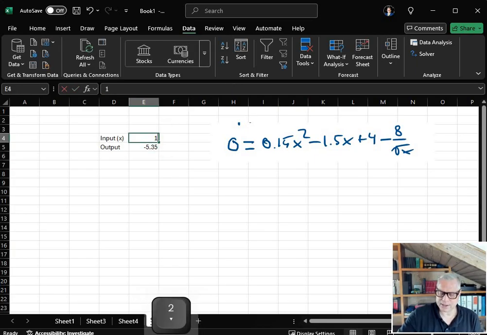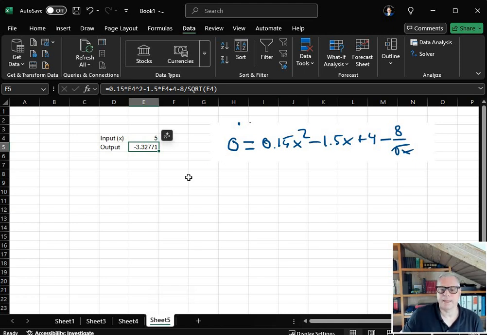So now I can play around. I can say, what do I get if I enter 2? Maybe then next I try 3. Okay, it's slowly getting less, and I need to get it to 0 by changing the cell E4. Okay, 6, I'm getting close to 7, maybe 8.